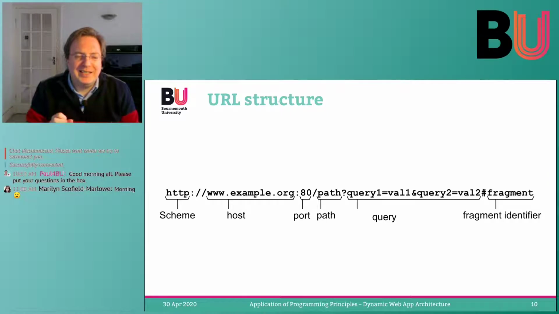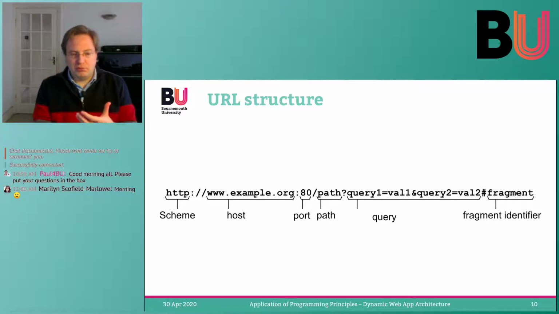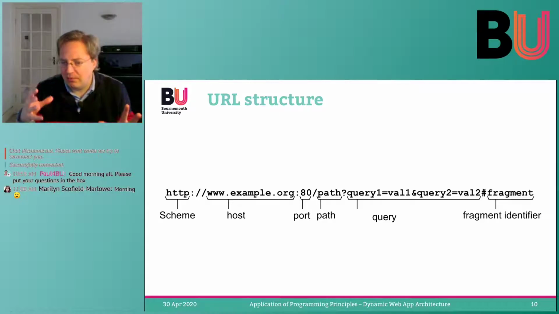But then inside that we have a path part. So that is, in a way, it looks like the folder of your resource. And it uses slashes, and the slashes are meaningful because of relative URLs.